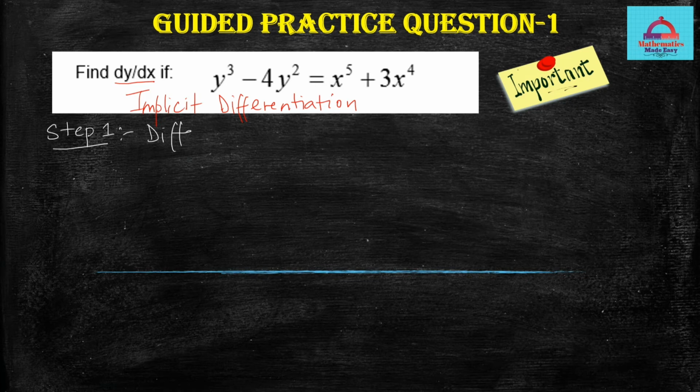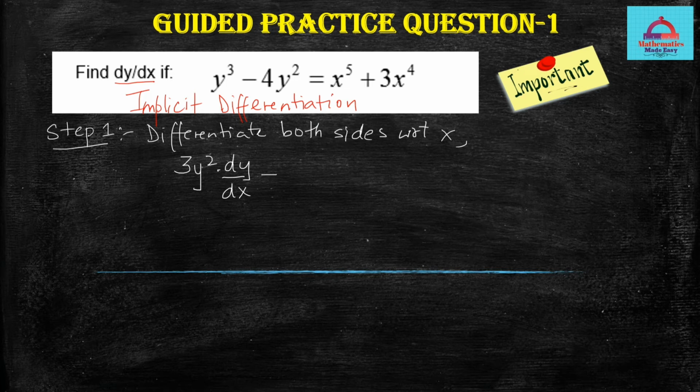So differentiate both sides with respect to x, and when we do that, on the left side we get 3 times y square dy by dx. I've applied here a power rule because I have a power 3 here along with the chain rule.